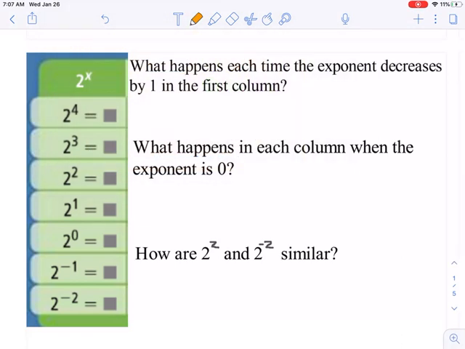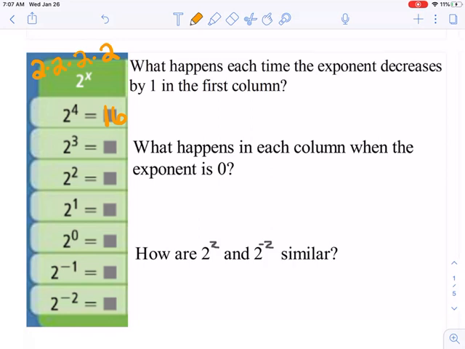So if we work on filling out this table on the left, the first thing we see is 2 to the 4th power, which, remember, means we take 2 times itself 4 times. So 2 times 2 is 4, times 2 is 8, times 2 is 16. It's not 2 times 4, it's 2 times itself 4 times.